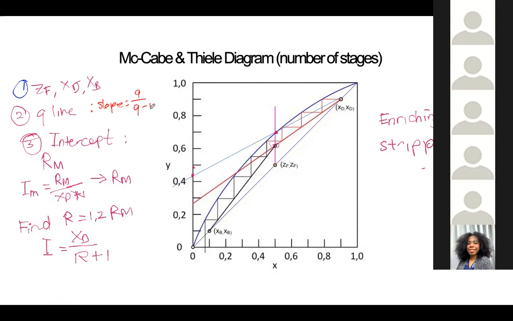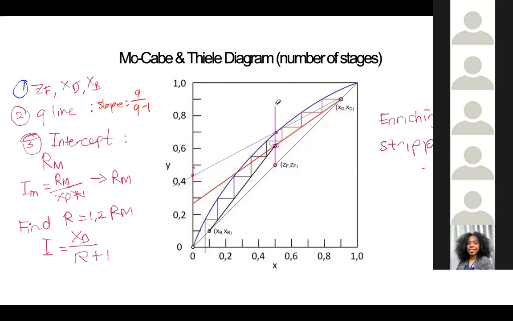Yeah? Check again the formula. Okay, so this line shows a vertical one.